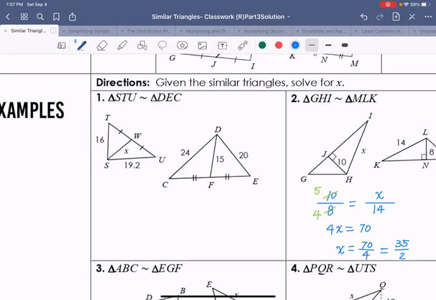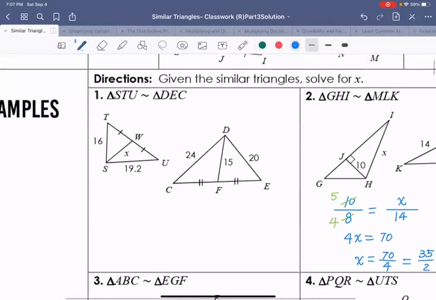16 over 20. And let's write down those proportions from here. ST over DE, right?